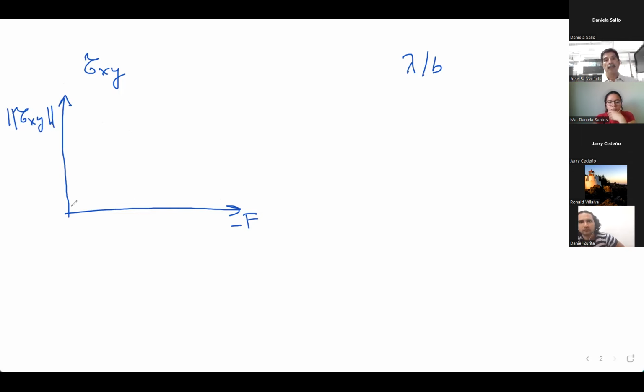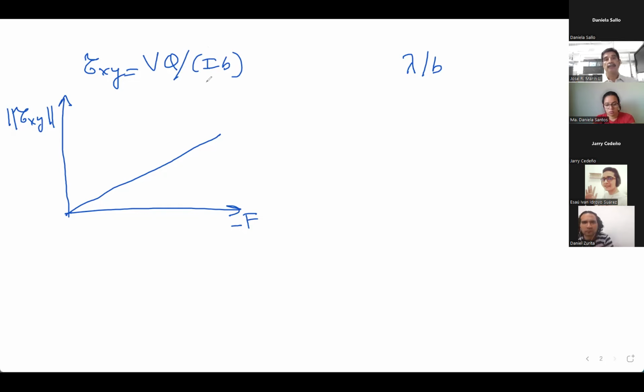The theoretical relation is linear because this is equal to V Q over I B, and this is basically proportional to that. The others are constants, so this is a line. This is the first one.